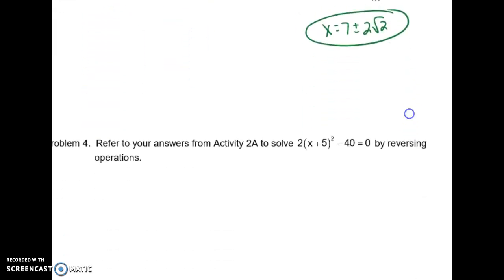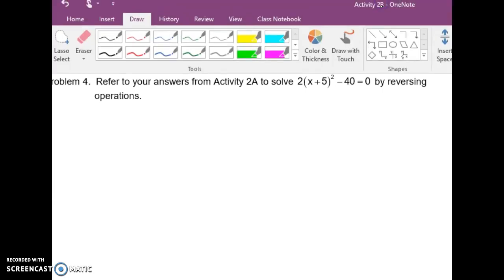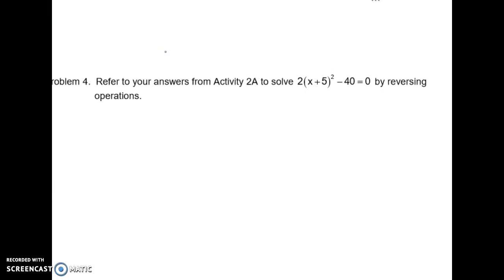And in our last one here, we have this expression, 2 times the quantity x plus 5 squared minus 40. And we already kind of worked with this one in the previous problems here. So to create, it's a plus 5, it's squared, and times 2 minus 40. So to reverse, add 40, divide by 2, plus or minus square root, subtract 5.